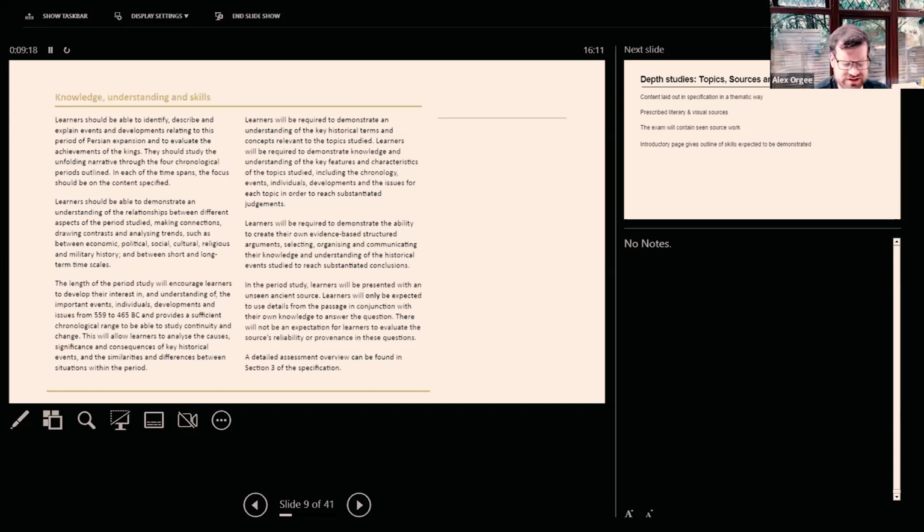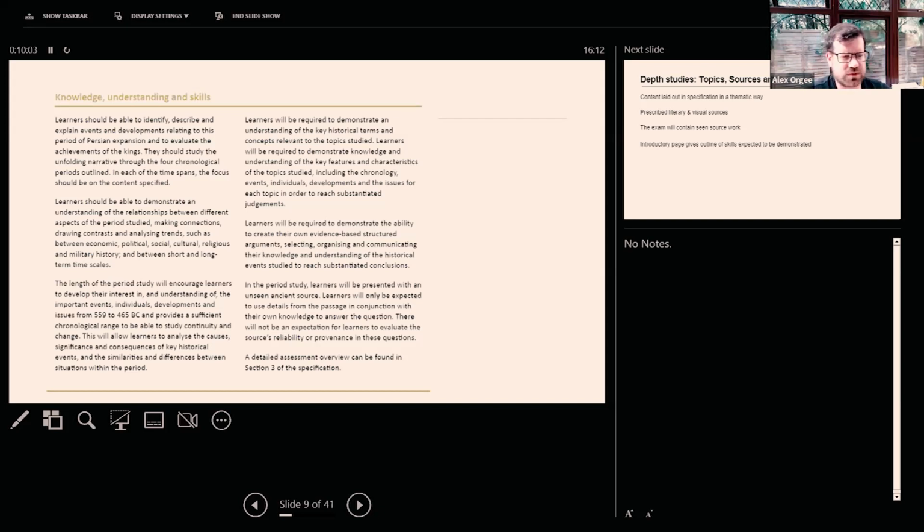I'll highlight a few of them: demonstrating understanding of relationships between different aspects of the periods studied, studying continuity and change, analysing cause, significance and consequence of key historical events and the similarities and differences between situations, and demonstrating knowledge and understanding to reach substantiated judgments. These all seem to me to be core skills that are also assessed in any GCSE history qualification, regardless of the examination board you're teaching.